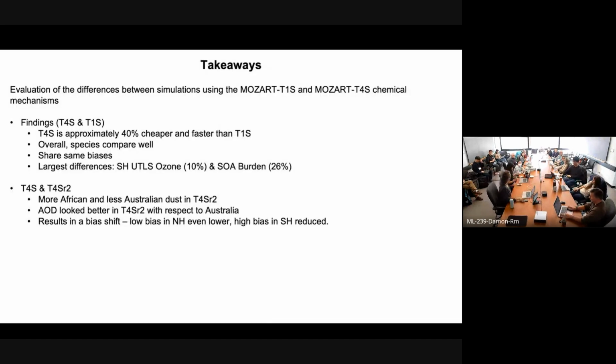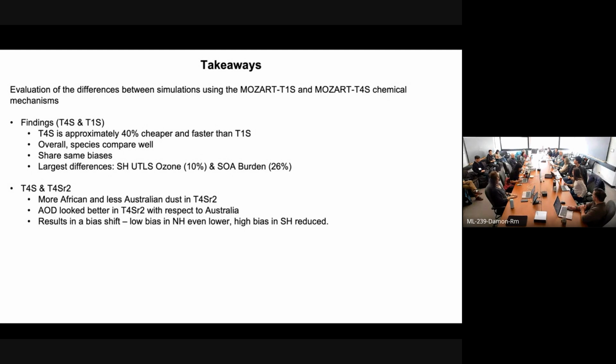Time for one question. So these were all nudged runs, right? Free running. Fixed SST. Okay. I can't help but compare with my T1MA and T4MA run.